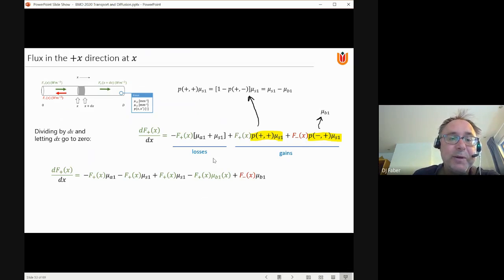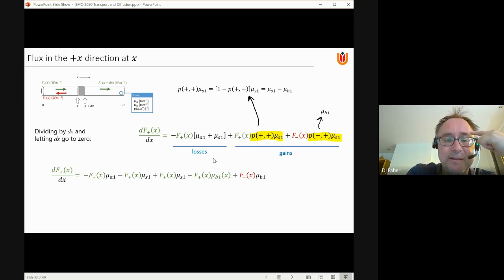So then we can regroup a little bit. First, on the right-hand side, the first term expands the scattering and the absorption coefficient again. So the first term is lost due to absorption. The second term is lost due to scattering. The third term is a gain term due to scattering. The second term is a gain term due to backscattering, and the last term is a gain term due to scattering for light that came from the other direction. Well, why all these manipulations?